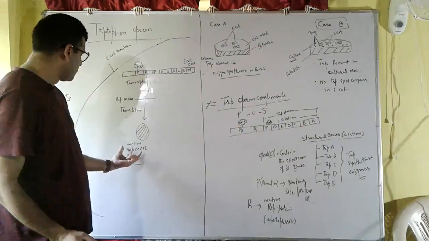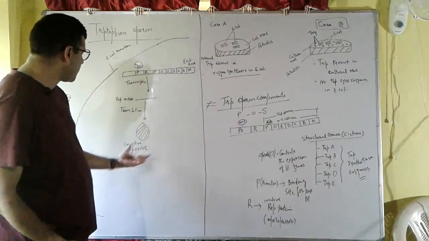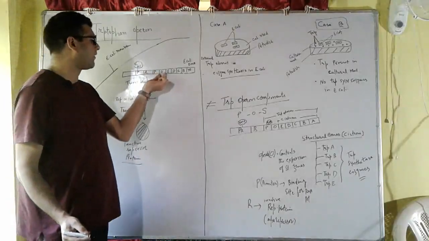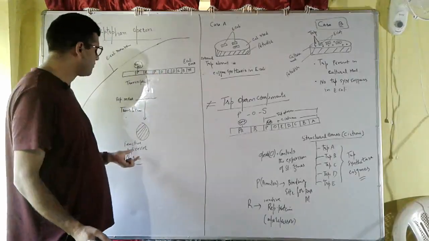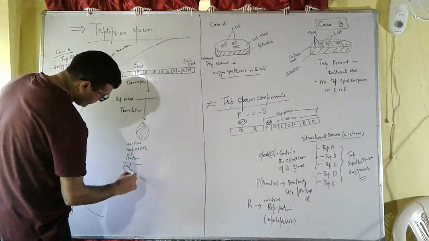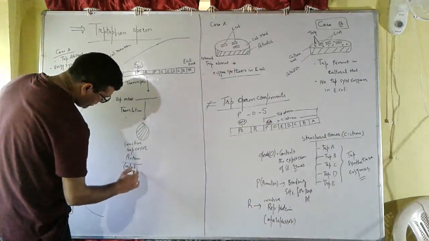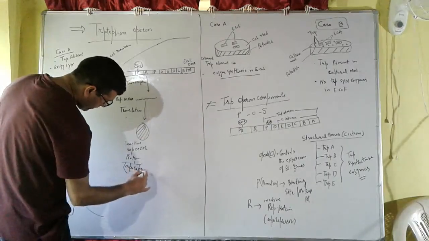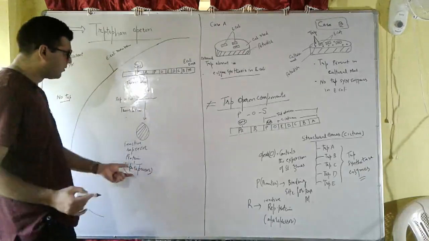Because this repressor protein is not able to bind to the operator gene. So it is called an inactive repressor protein. Here it is also called an aporepressor.